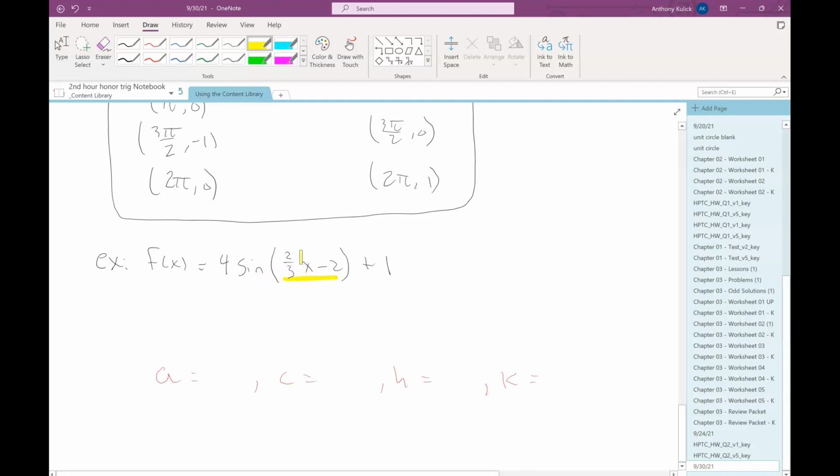Yeah, so remember the leading coefficient on our x has to be 1. So we'd want to start by initially factoring that 2/3 off. So when I take 2/3 and I divide it by, I'm sorry, take -2 and I divide it by 2/3, what do we get?